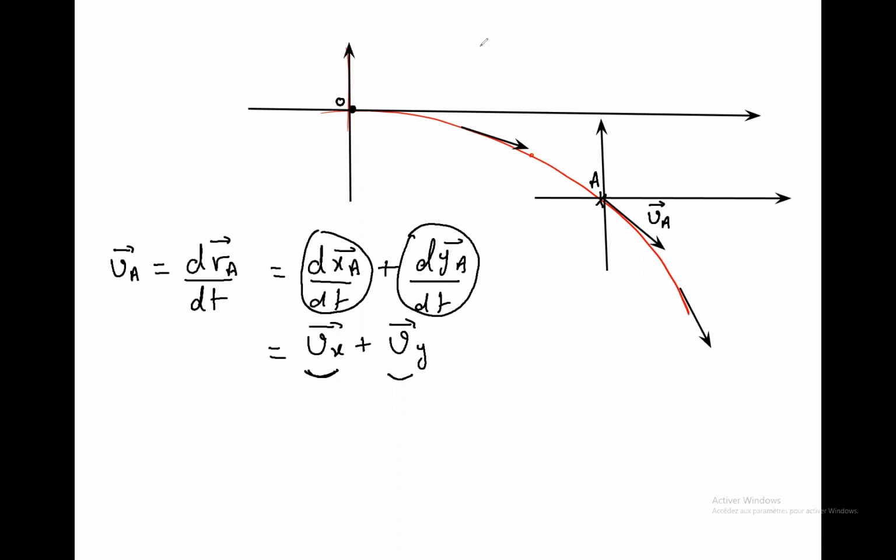So here we have the x component of VA and the y component of VA, because we have to do the projection on the x-axis and on the y-axis. So here we have VAX, and here we have VAY.